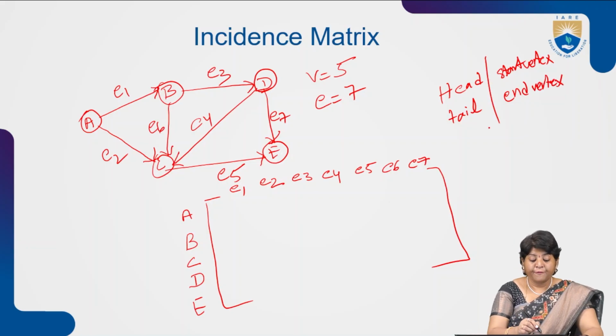It means from A there will be a direction to B, or from B to A there might be a direction. So here A to B is possible, B to A is possible.